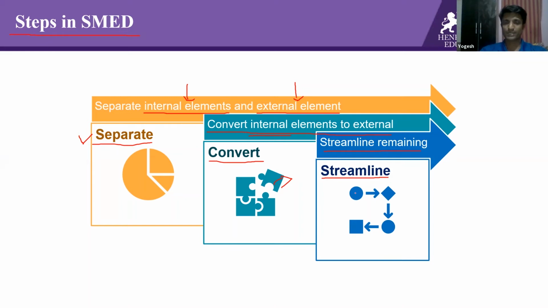Streamline basically means synchronizing the activities in such a way that it reduces your overall time for the remaining activities, right? So very easy. Separate, convert, streamline, only three steps. You need to remember these steps so that you will understand this whole SMED concept.